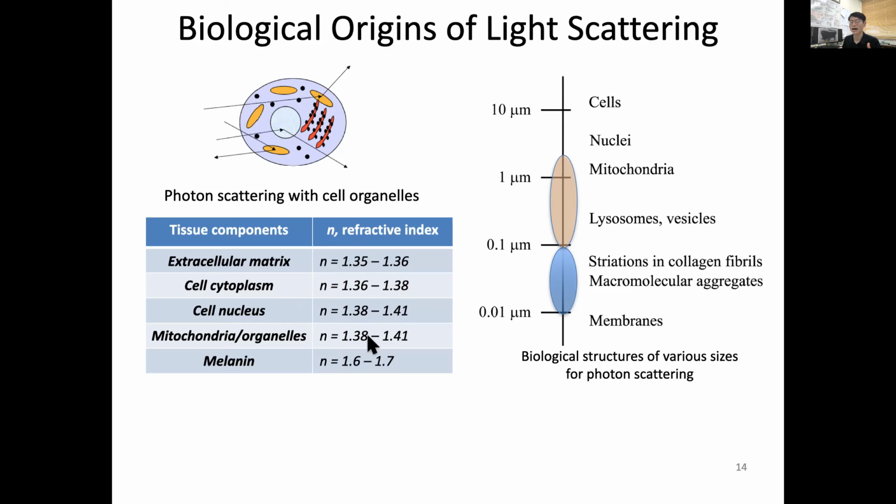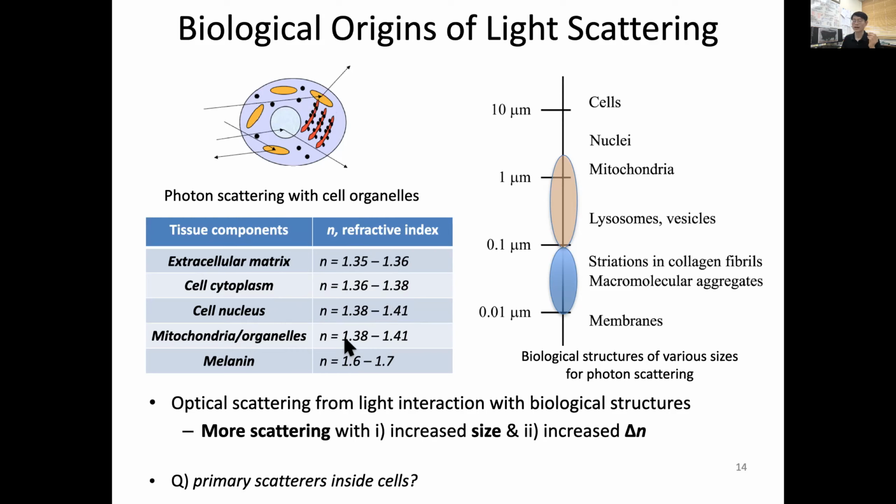Mitochondria and organelles are higher even than the cell cytoplasm, because what matters is the change in refractive index, the difference. And melanin even has a high refractive index. So in fact, what matters is optical scattering from the light interacting with biological structures, such as cells and extracellular matrix. The scattering is the one which we can detect, and it provides contrast and an image for us.